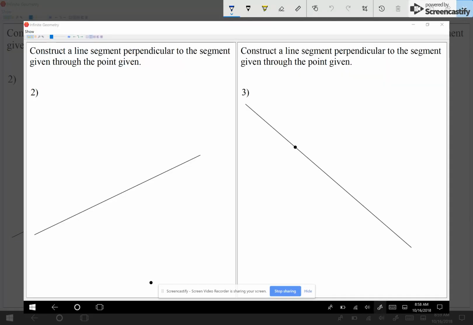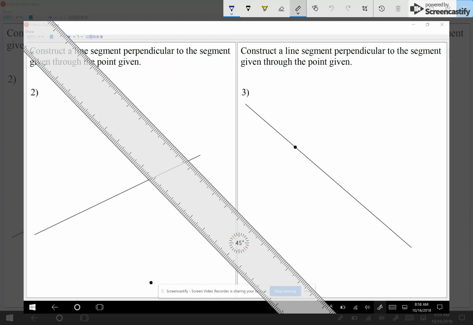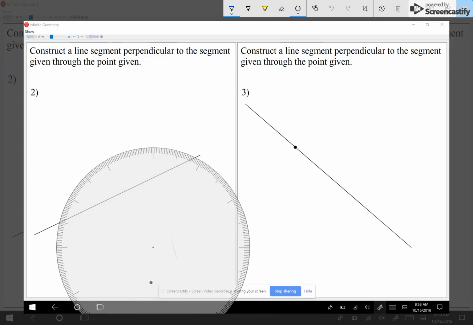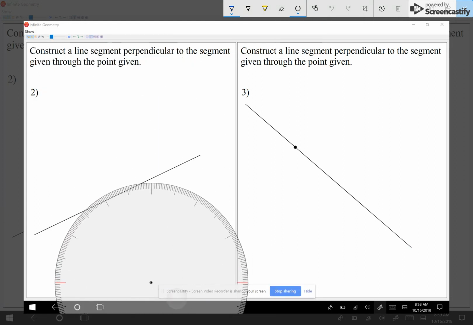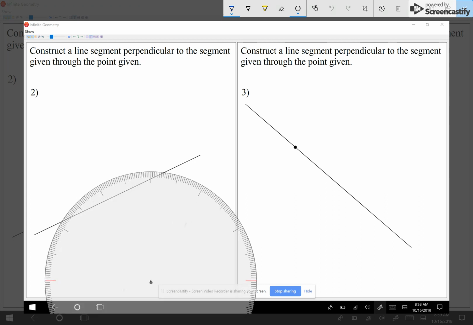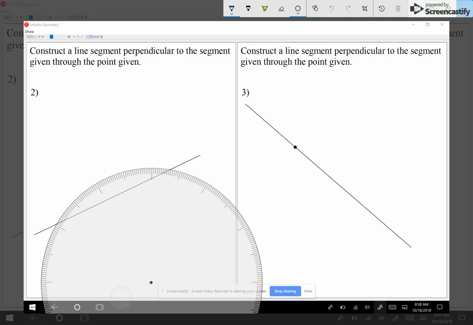First thing I'm going to do is grab my compass. I'm going to center it at the point that is given and make sure my pencil part goes past the line segment. I'm interested in crossing the line segment twice. So in this case, let me open my compass a little bit.